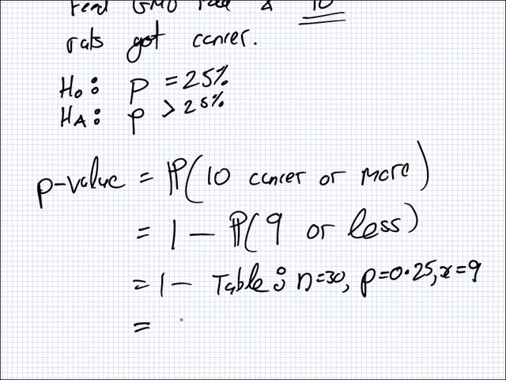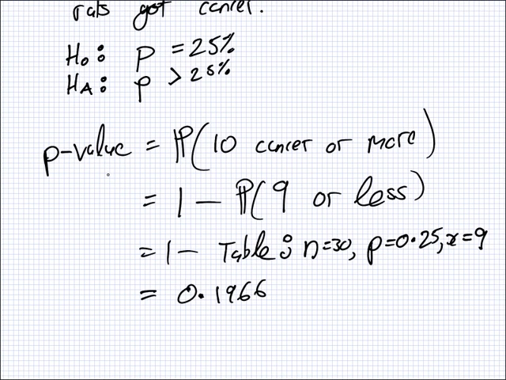0.1966. The final number. 0.1966. Yeah? Right. So, do we reject or do we not reject the null hypothesis? We do not.